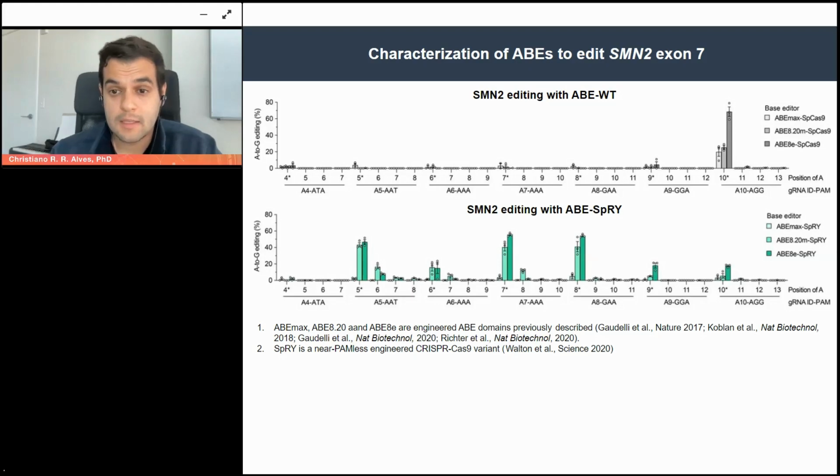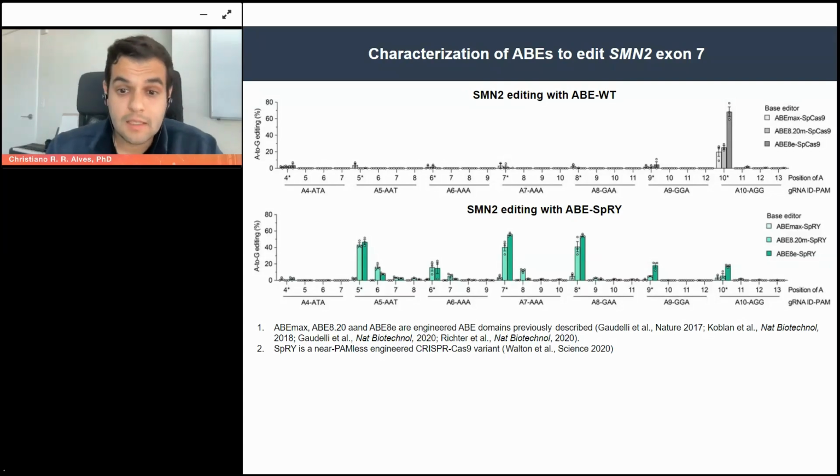I'd like to highlight two main pieces of data in this slide. If you look at SpRY, the graph at the bottom, you have the guide A7 and the guide A8, both in the center of the slide. You see that when you use adenosine base editor 8e, a variant with some mutations showing that the deaminase component of these base editors is highly efficient, that will be the stronger green, the third bar, you see almost 60% on-target editing with A7 and A8.